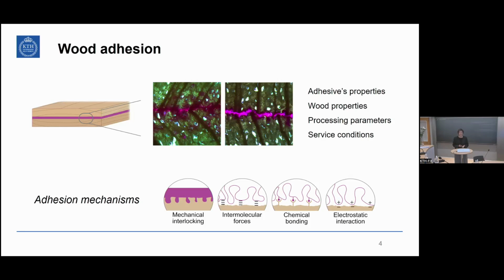There can be intermolecular forces, for example, hydrogen bonding, chemical bonds, or electrostatic interactions. Depending on the system that we are using, several mechanisms can be present, depending, for example, on adhesive type or processing parameters. And when they are present in the bond line, they can all contribute together to the bond strength.